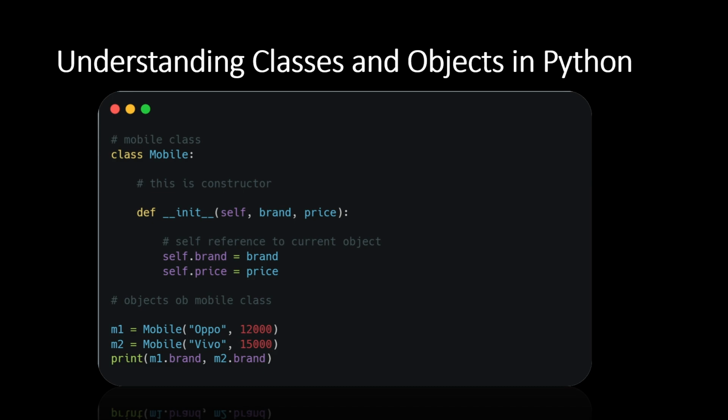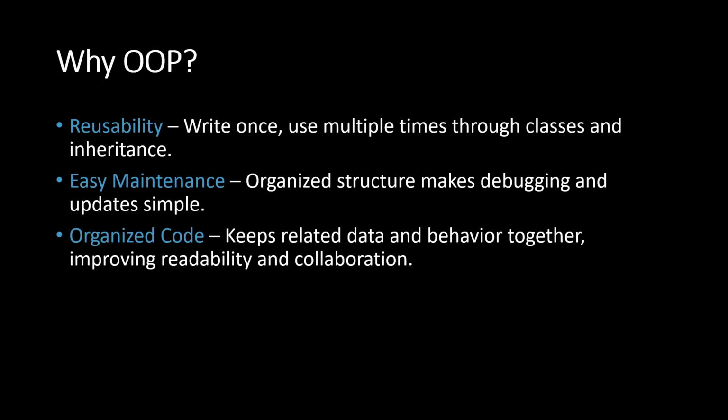And I create two phones, meaning two objects. First, M1 is a mobile Oppo with price 12,000, and M2 is a phone of Vivo with price 15,000, right? So M1 and M2 are objects of the class mobile. This way you can define class and object. Basically this is the basic method of defining class and object, right?